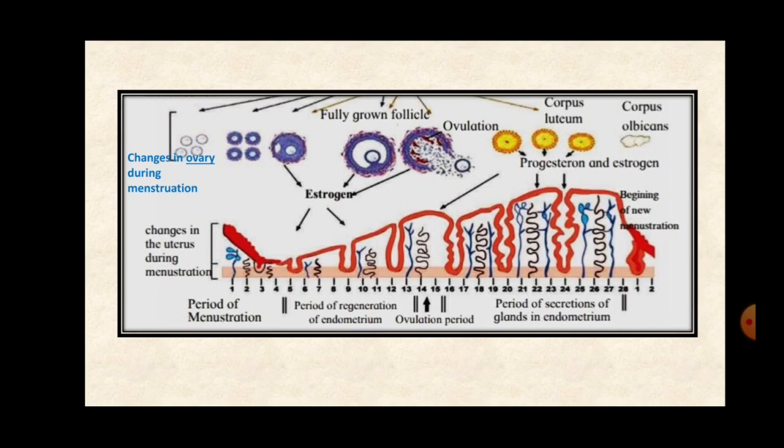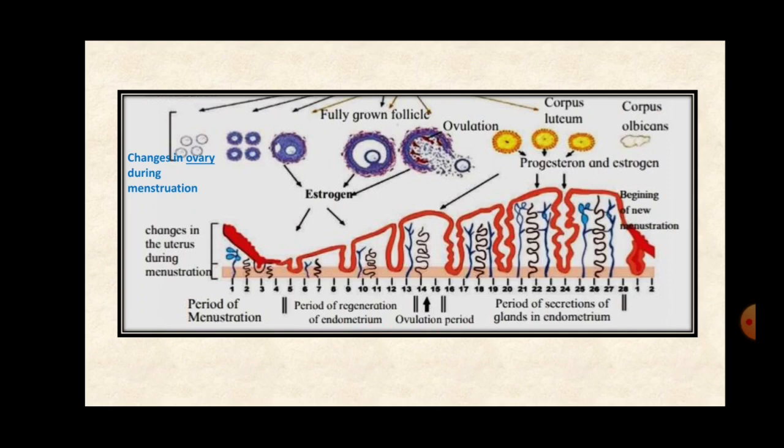These changes, let me tell you students, go hand in hand. Simultaneously these changes take place. Together it is called the menstrual cycle. Now what happens? Let us see. In the ovary, the follicles are present which have oocytes. One of the follicles starts to develop with the oocyte.